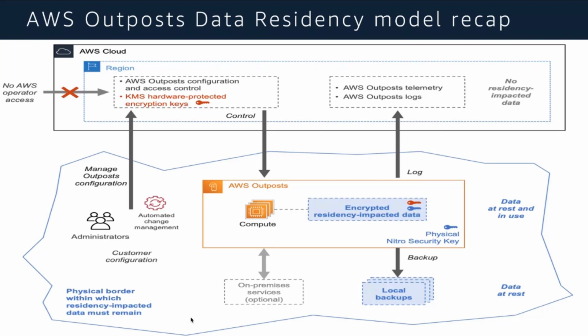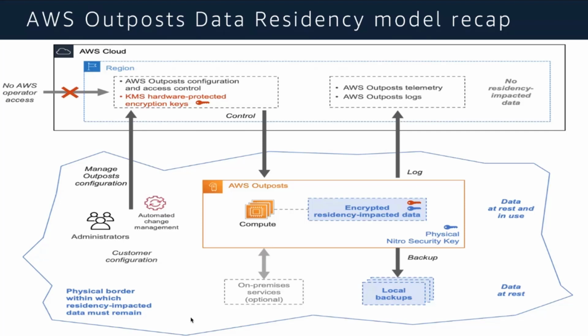All data is encrypted as it stays on Outpost, and all control data that goes back to the region is also encrypted. The control plane itself and the monitoring, logging, and telemetry for Outpost stay in the AWS region, but there's no AWS operator access to that data. It's entirely under your control, and you manage the Outpost that way.